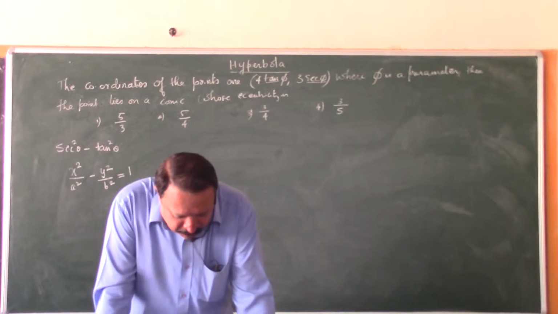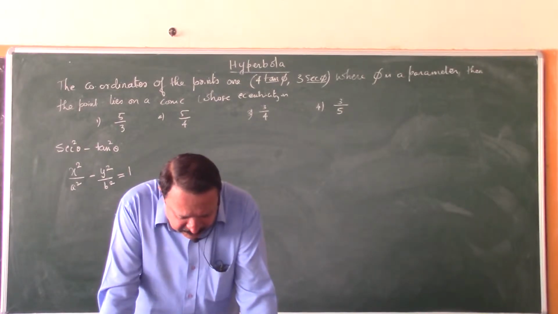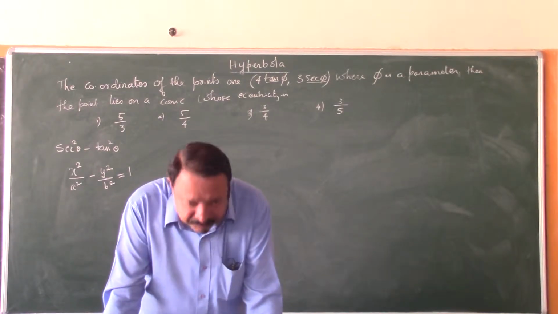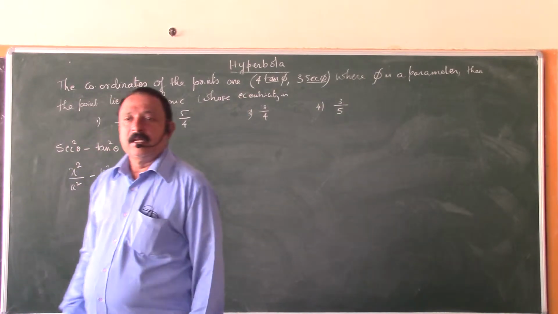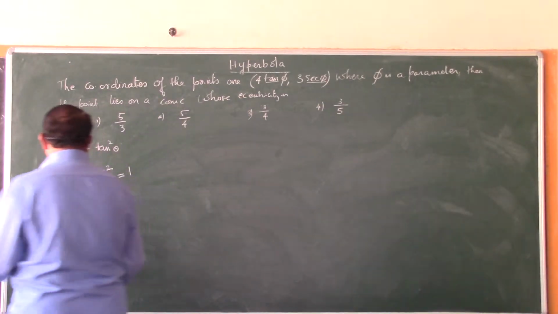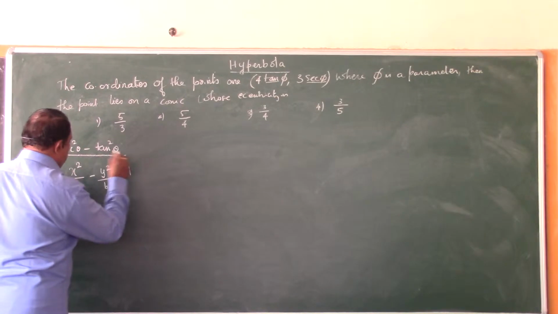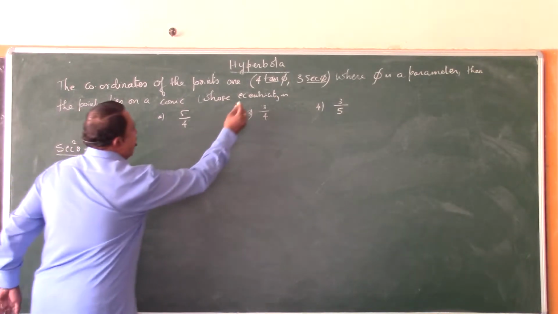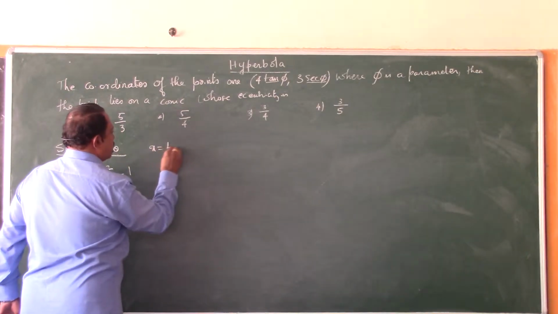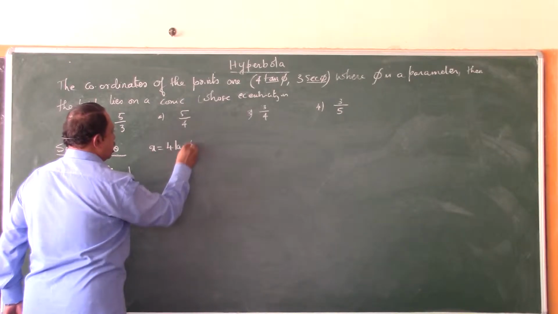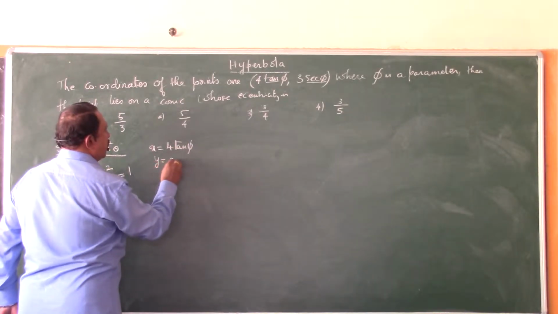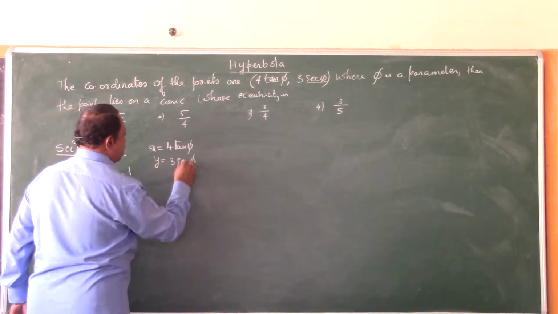Now the given points are 4 tan phi and 3 secant phi. Now substitute, taking x equals 4 tan phi and y equals 3 secant phi.